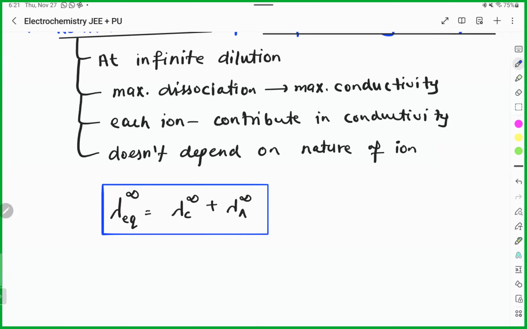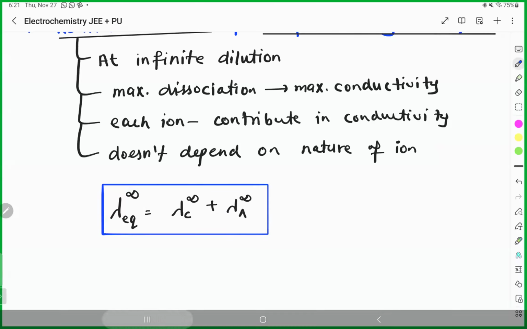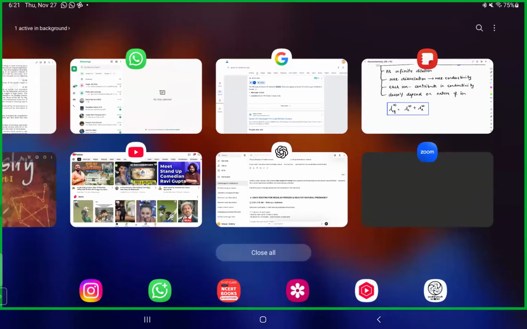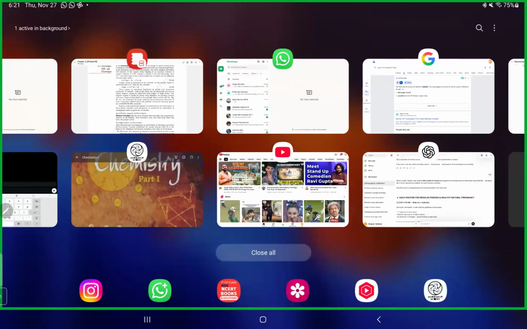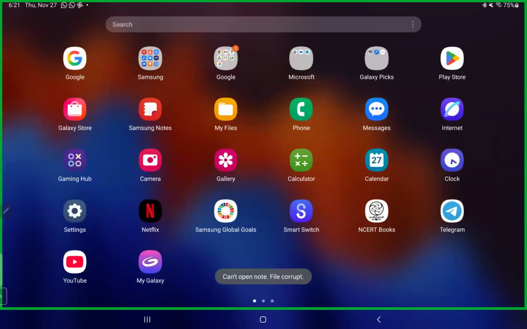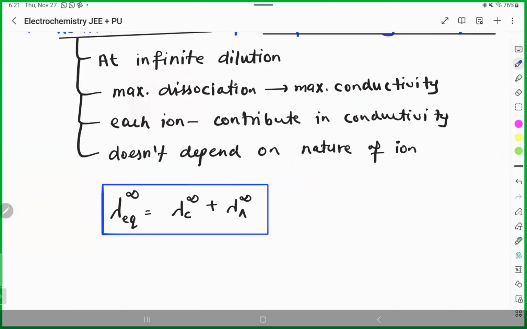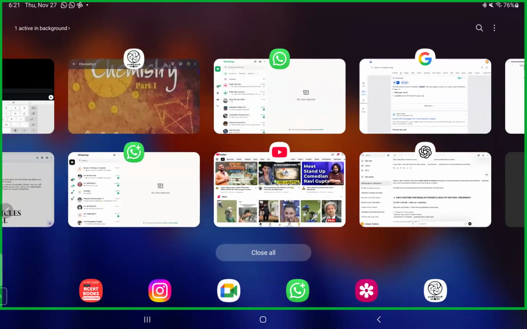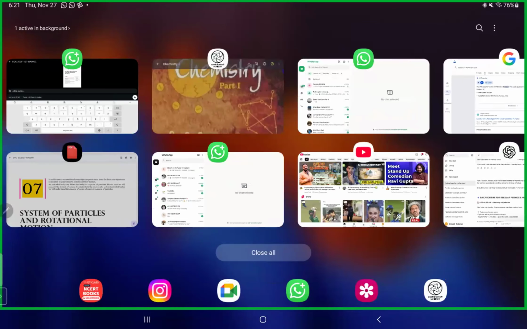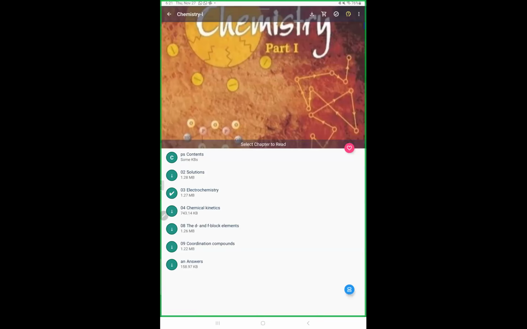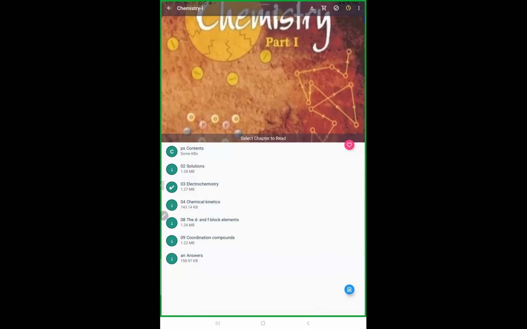Understood? And based on the ion, you can do it, because I have seen NCERT and NCERT explains it really well. NCERT electrochemistry.